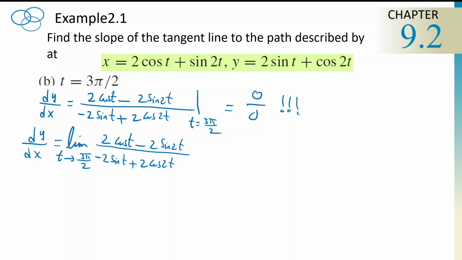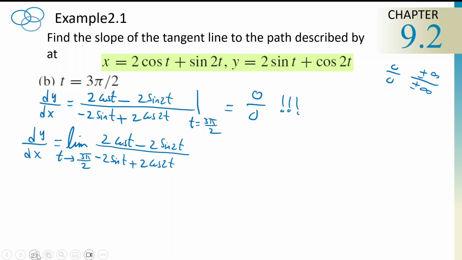Now, since the direct substitution, which we already see there, is 0 over 0, remember, this is a famous case. If you have 0 over 0, or plus or minus infinity over infinity, these are some of the cases where you're allowed to use L'Hopital's rule.